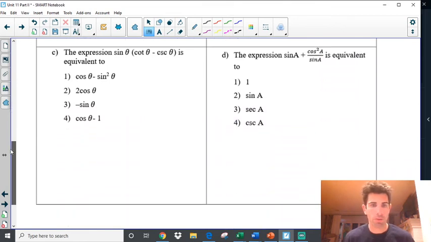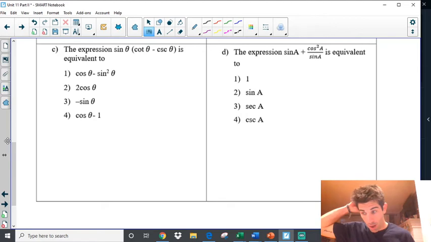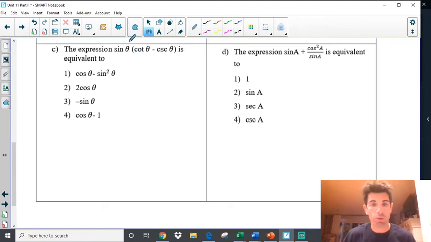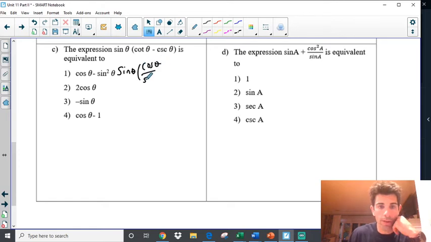All right, so here's kind of a crazy one. You could decide to distribute and then start plugging in, or you can plug in and then distribute. Doesn't matter which way you go. So cotangent, we said, could be 1 over tangent, or it could be cosine over sine. Well, I'm not going to use the 1 over tangent because there's no tangents here, so I'll make my life easier and write that as cosine over sine.